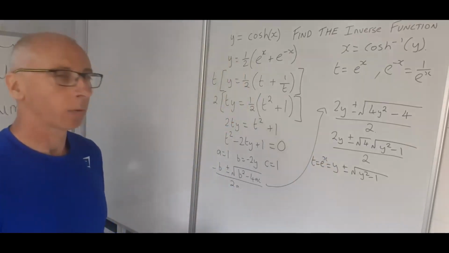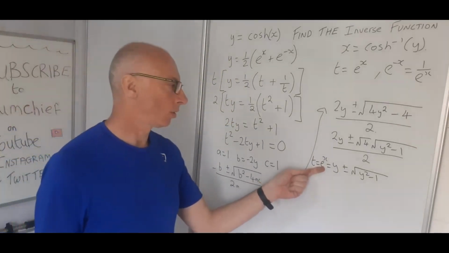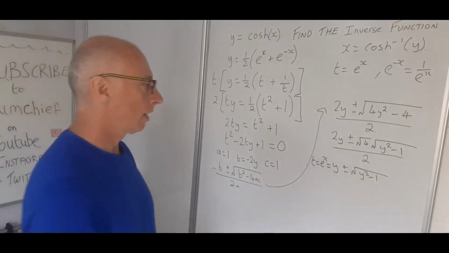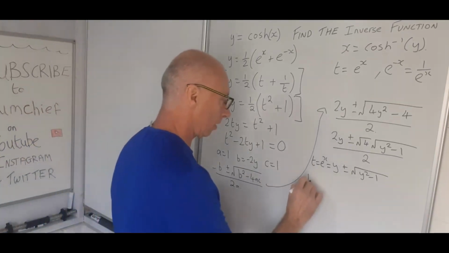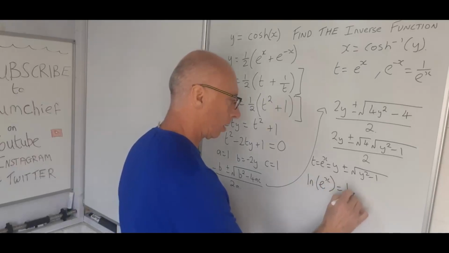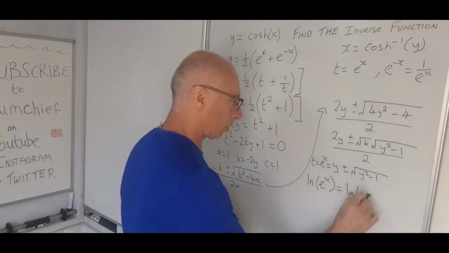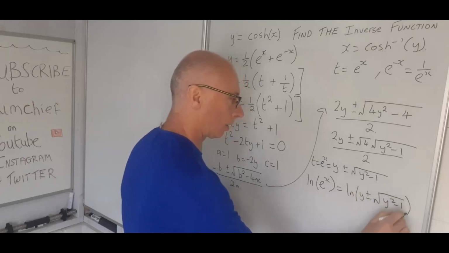Now we want to get it in terms of x. We're really close to our solution here. If you've got e to the x, we just take the logarithm on both sides. So log of e to the x equals log of the absolute value of y plus or minus the square root of y squared minus 1.